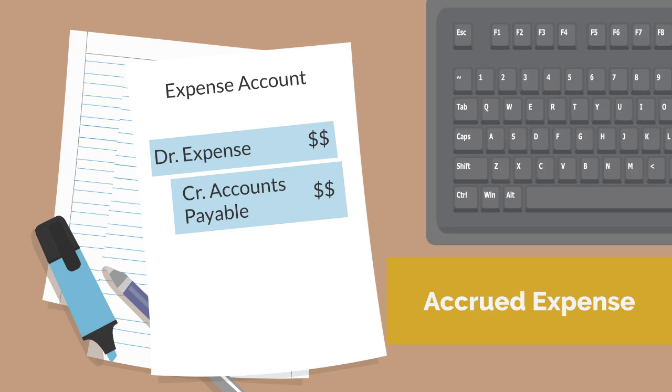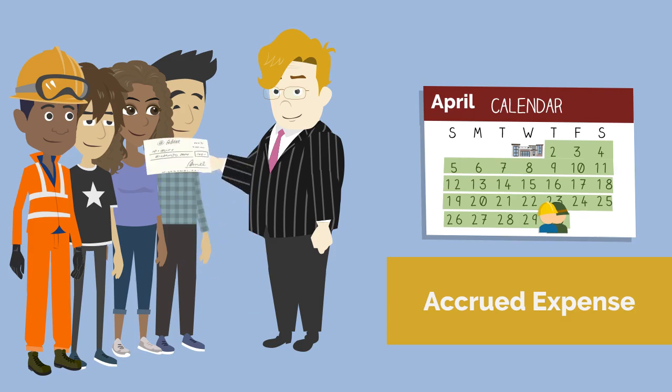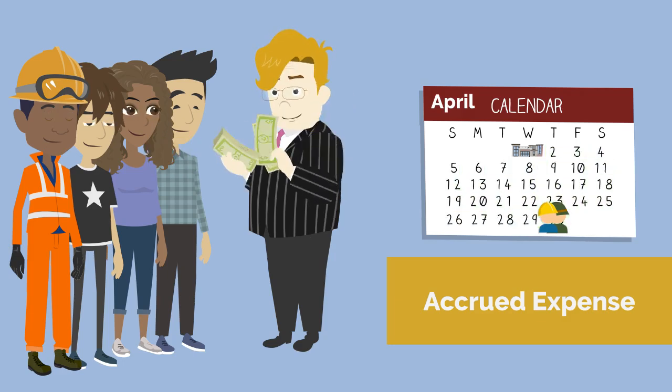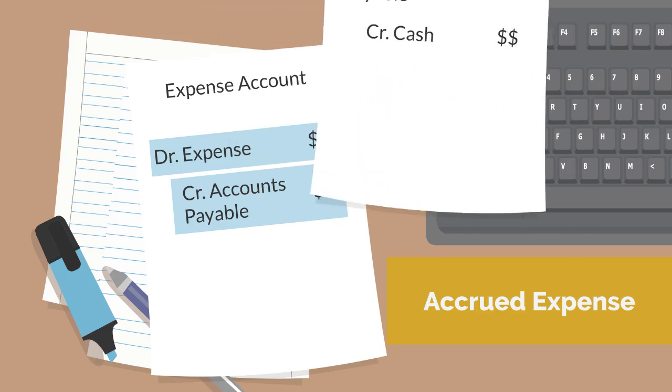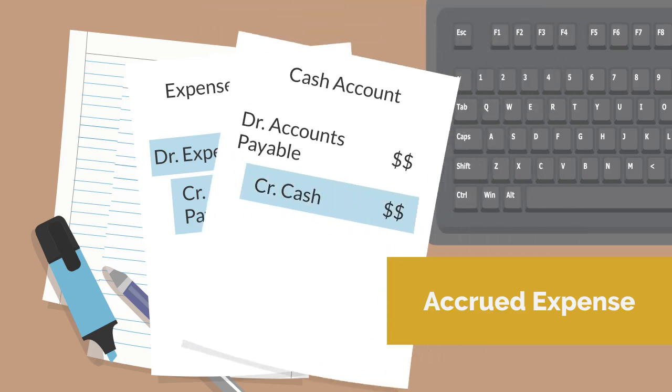They are incurring current expenses that they will pay for in the future, but right now, they're essentially paying for it on credit. And when it comes time to pay those expenses, they pay off the amount they owe with cash. Thus, they credit cash for the amount paid and debit accounts payable to remove the amount owed.